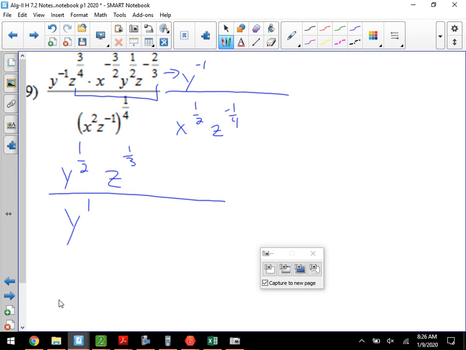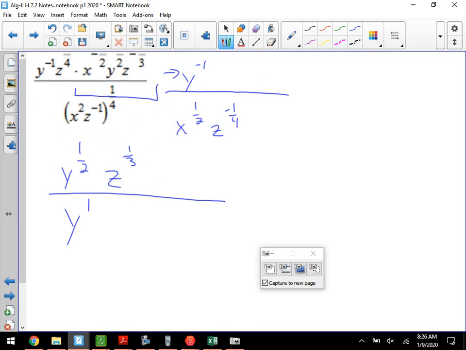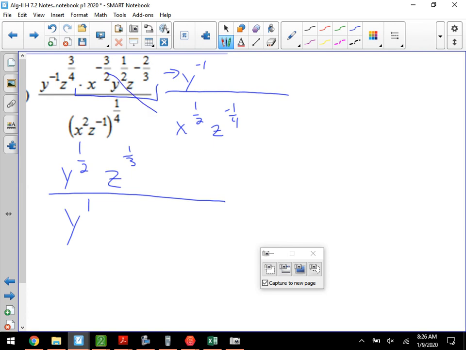Then what's left? We have the x to the 1/2 and x to the negative 3/2. That x to the negative 3/2 moves down. What's 3/2 plus 1/2? 4/2, which is 2. Yes. That's right.